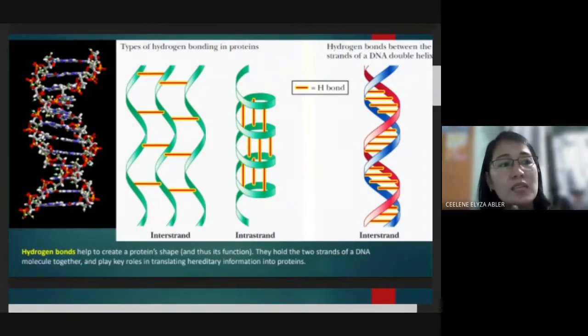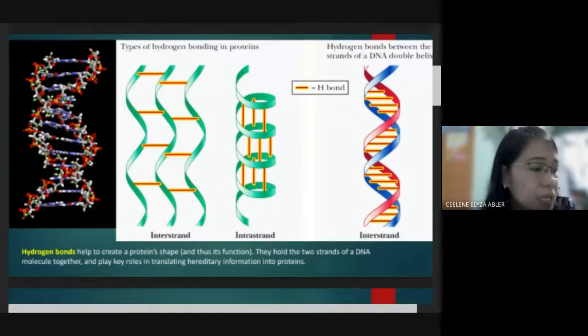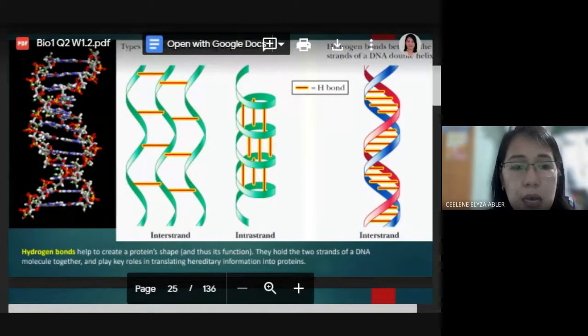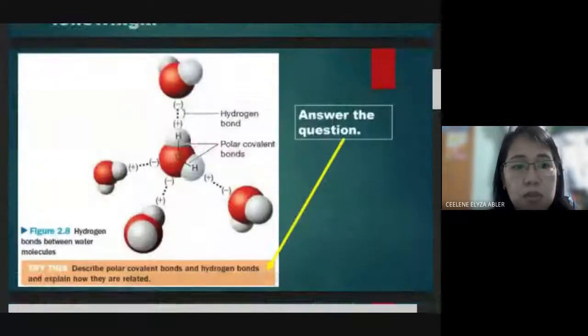This one, inintroduce lang sa inyo dito ang mga structures like the primary, the secondary, the tertiary, and the quaternary structures. So these are actually biological na structures na ang kanilang ganyan sila pagkakapakita sa ang kanilang mga compounds. Alright?